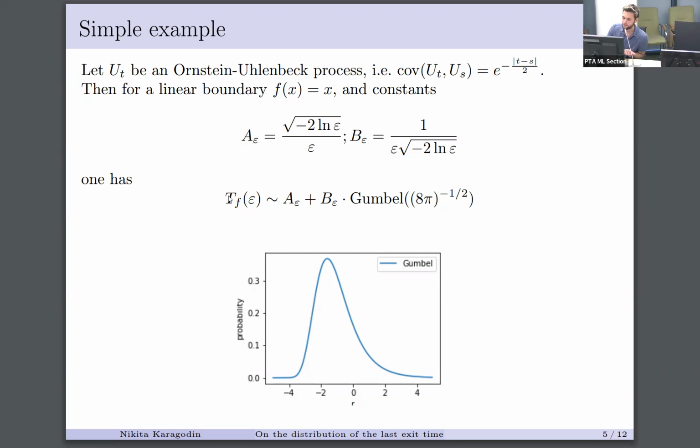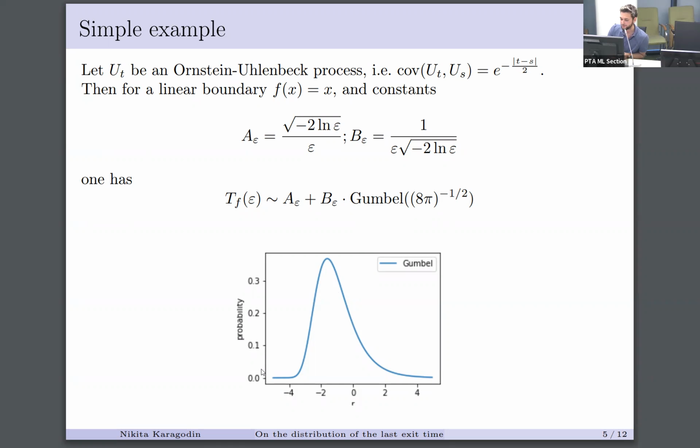So you know that this moment, its first term of its asymptotic is a epsilon, and the second one is stochastic. It's b epsilon times Gumbel distribution, the same distribution, just has a name, with the constant c, just 8 pi to the power -1/2.